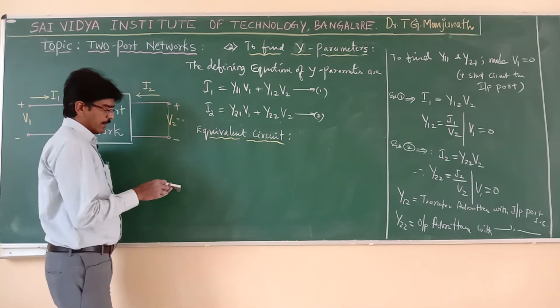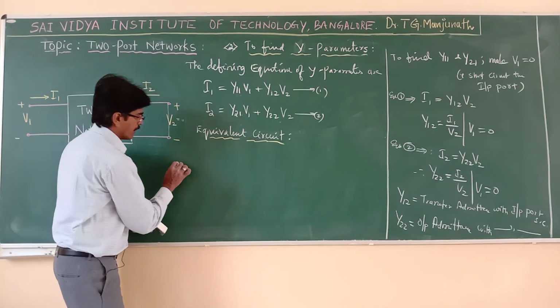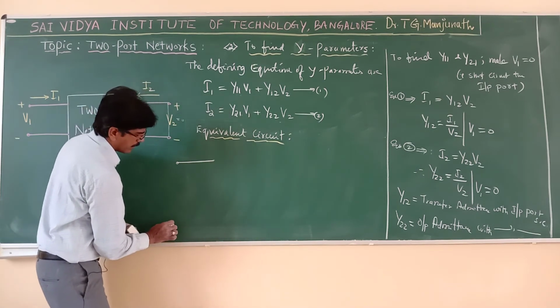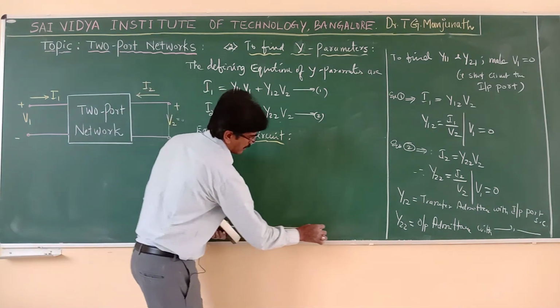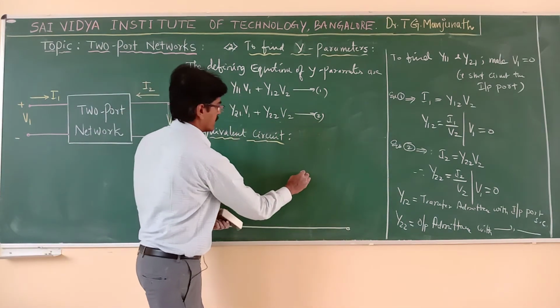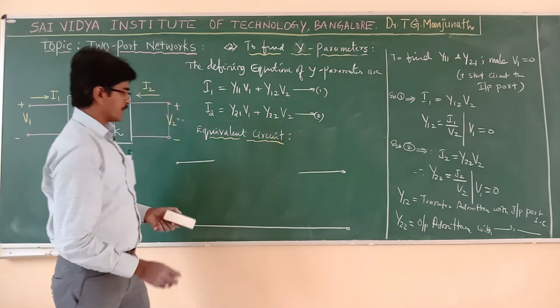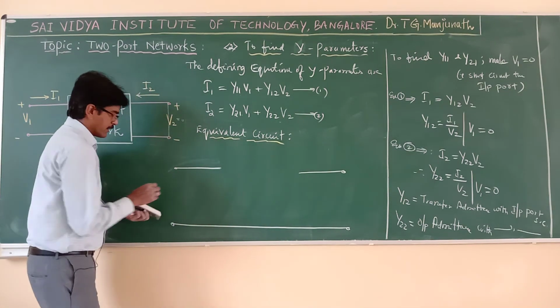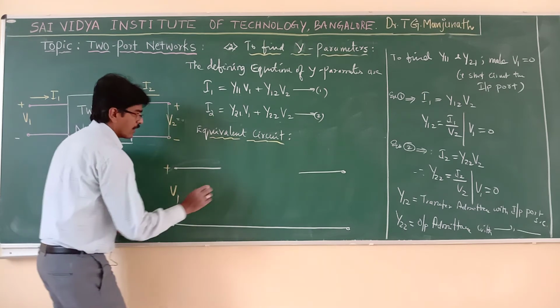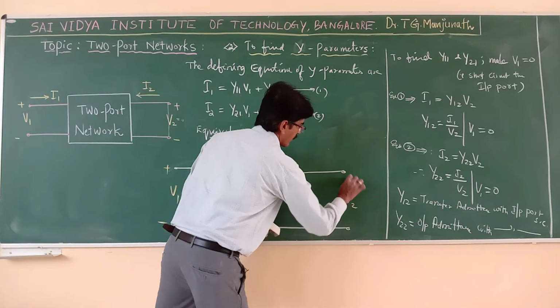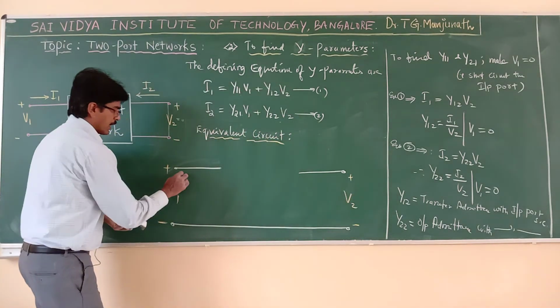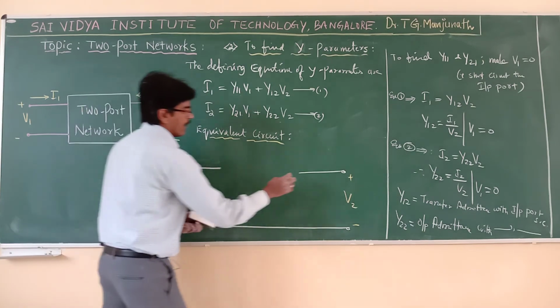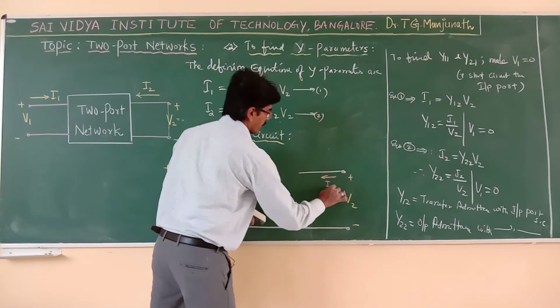Now let us write the equivalent circuit. Let us write the port here, input port. This is common and this is the output port. Now this is V1 here, this is V2, output voltage, and input current is I1, output current is I2.